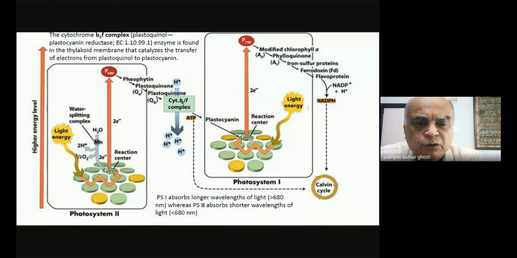What I did tell you last time is the general apparatus that is used by the plant. And I showed you also a structure of where exactly the light harvesting, etc., takes place.